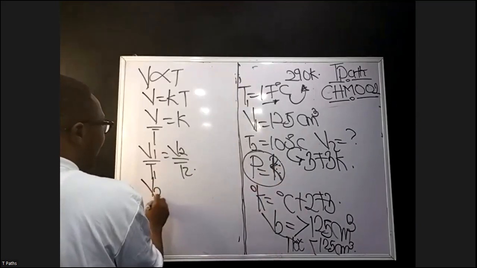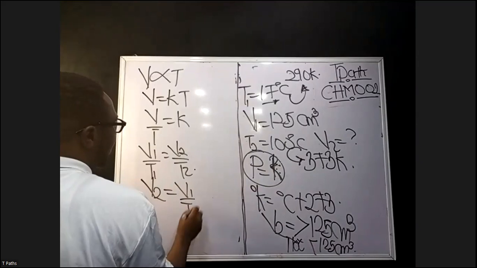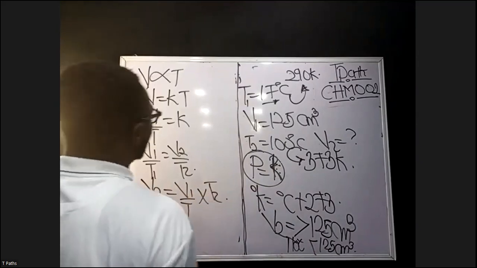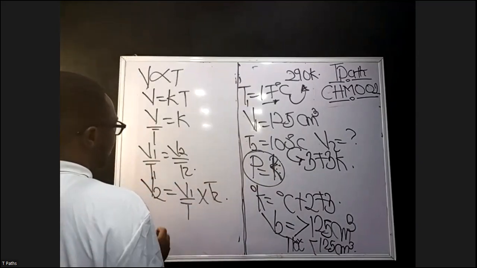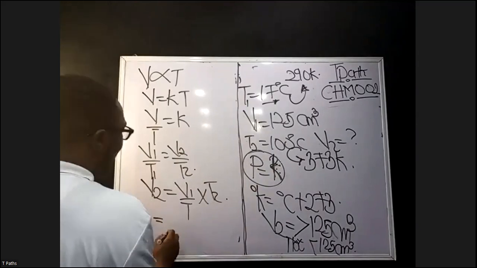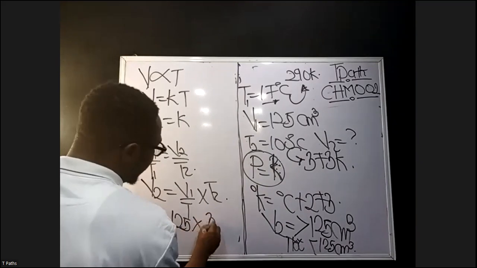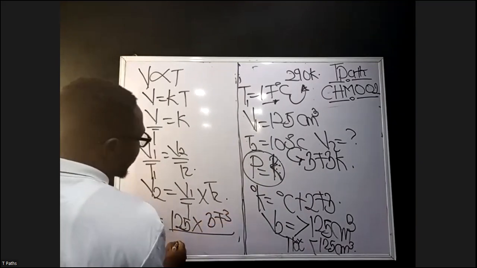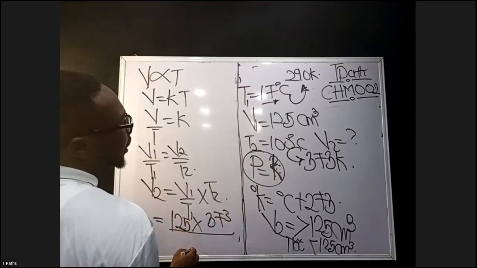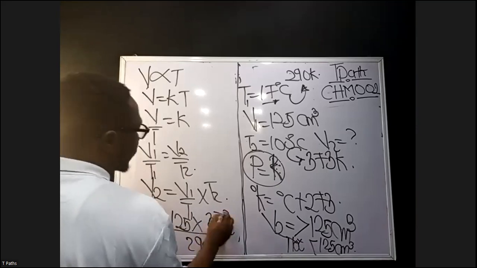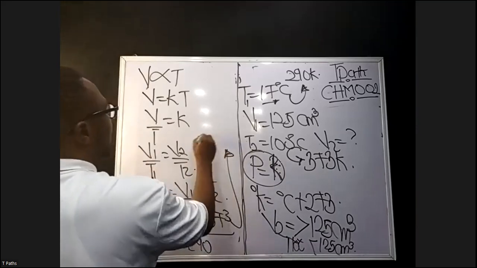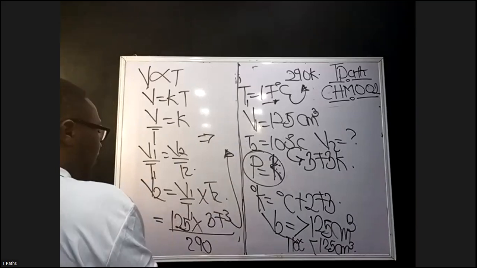Making this the subject, that will be V1 over T1 times T2. What is your V1 today? Your V1 is 125 times what is your T2? T2 is 373. And what is your T1? Your T1 is 290 Kelvin. I have a calculator here. I hope you have yours.